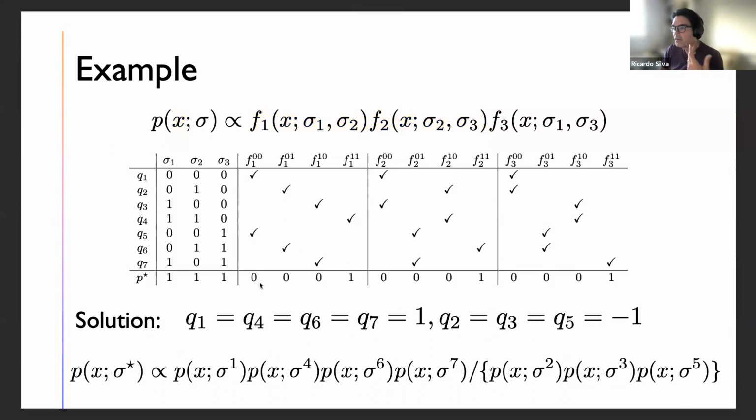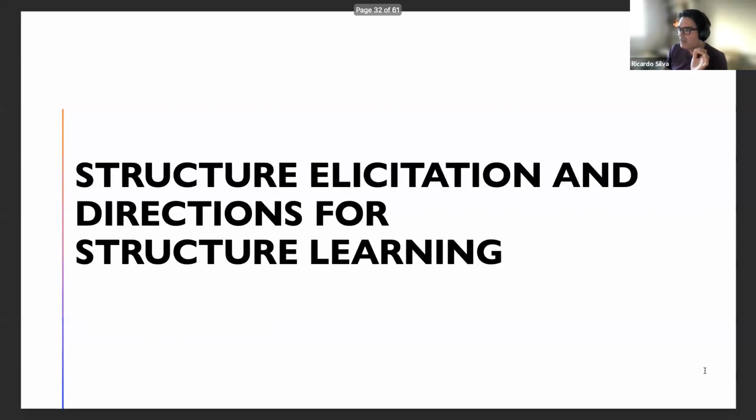But if it does have a solution, this will provide one way of reconstructing the corresponding target density by products of ratios of those densities, which in principle we can learn from data. Okay. So I would like to say a bit more about how we do some sort of knowledge elicitation that would provide a constructive procedure on how to create these models out of an expert or a structured learning algorithm.